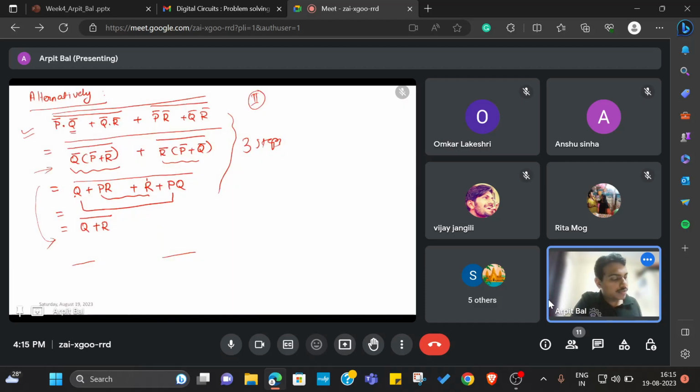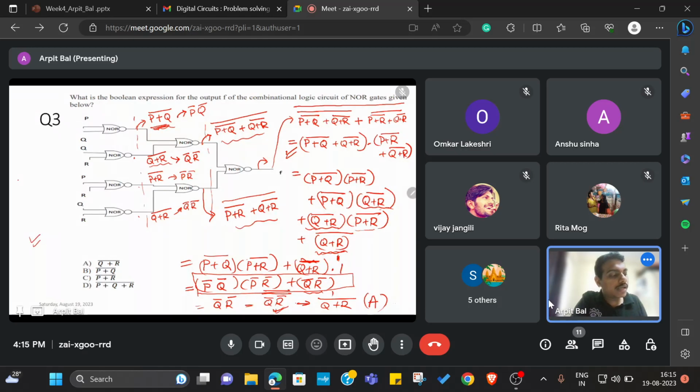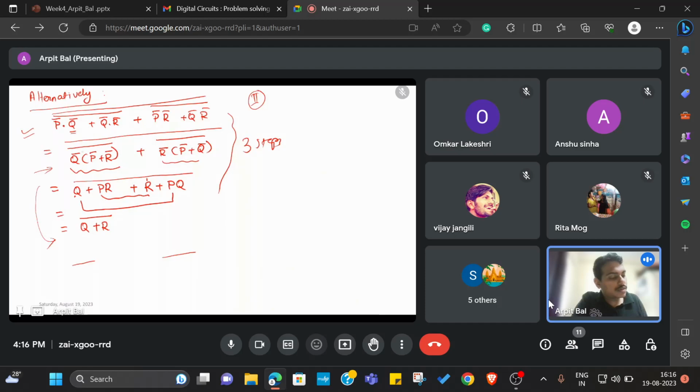So yes, it was possible. Instead of writing P plus Q whole bar, we used De Morgan's law here itself and tried to write it in the form of P bar Q bar. Then it got simplified as Q bar into P bar plus R bar by using De Morgan's theorem once.